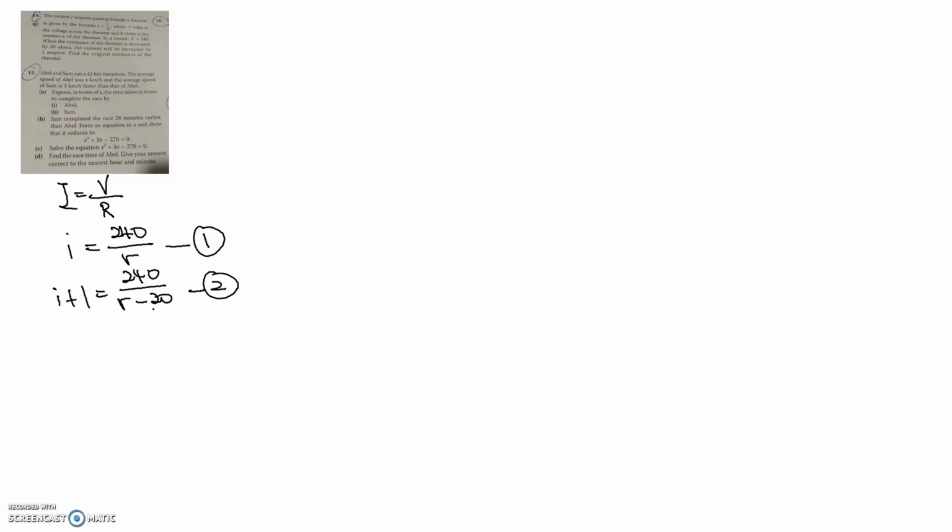There are two simultaneous equations over here, so we can substitute equation 1 into equation 2. So you have 240 over R plus 1 equals 240 over R minus 20. I have just substituted I equals 240 over R into the second equation.